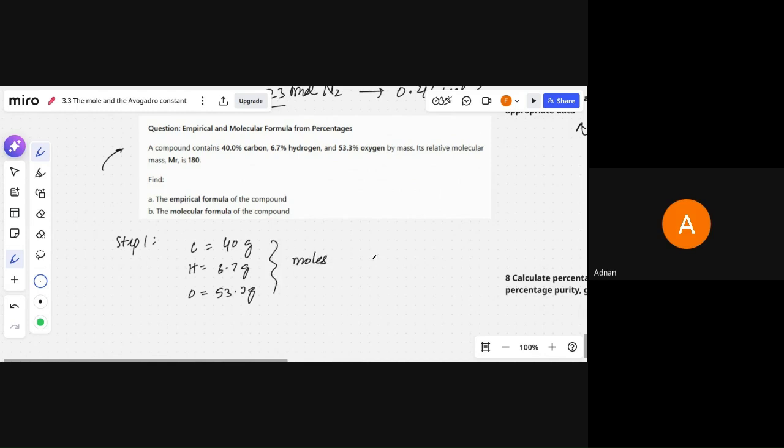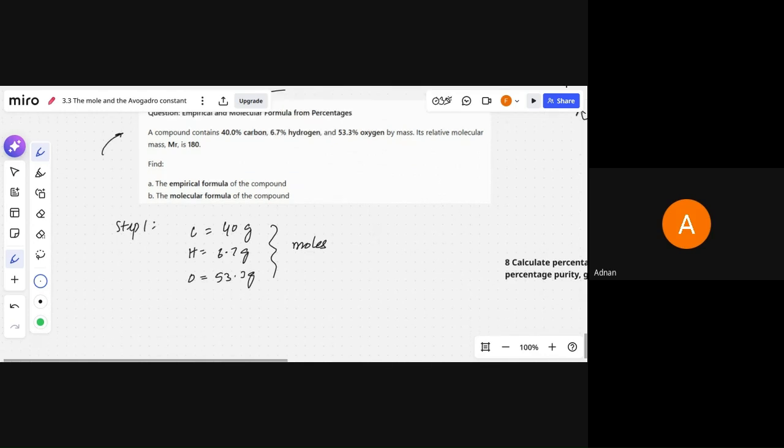And how do we do that? In this very lesson, you learned 5 minutes ago how to calculate moles if mass is given. The formula is mass over molar mass. So 40 divided by the molar mass of carbon, which is 12, you get 3.33 moles, right?